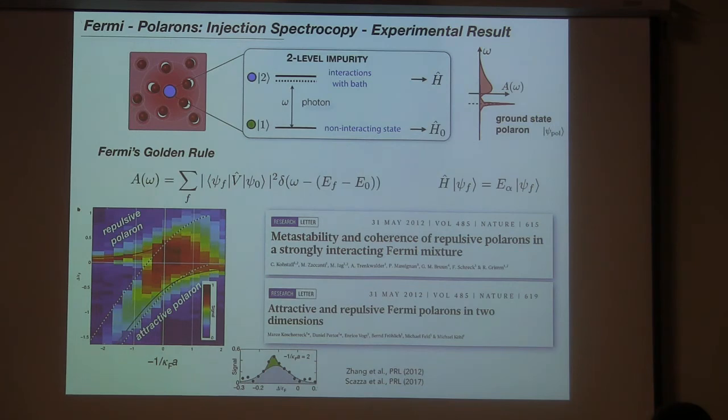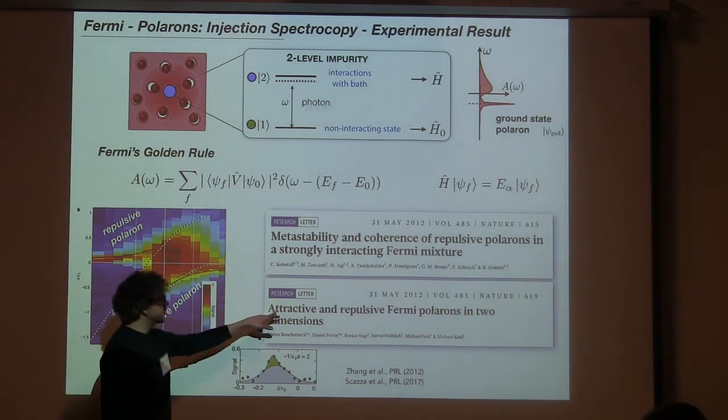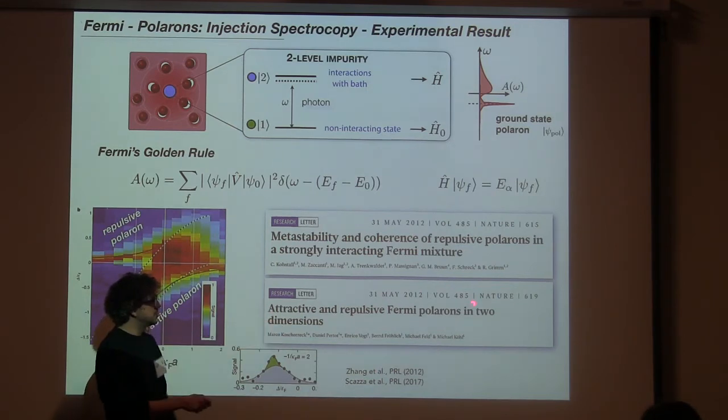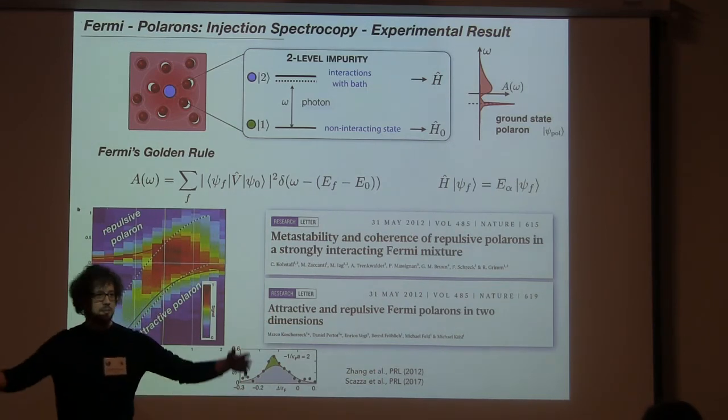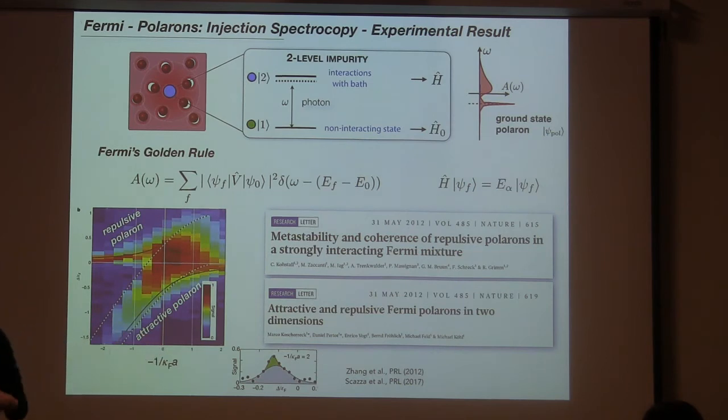This is what he observed, and it looks very similar to what we just got from our theory calculation. The same was also done by Michael Köhl in Cambridge, where he used a two-dimensional system. He had retro-reflected laser beams making pancakes out of light, filled fermions in there, and the same physics in 2 dimensions.